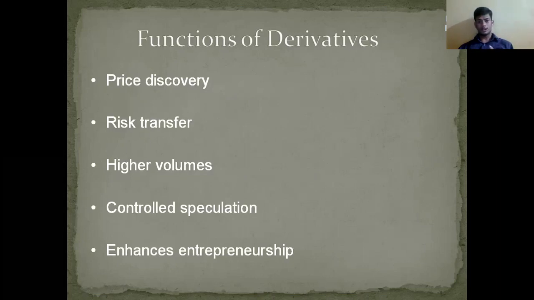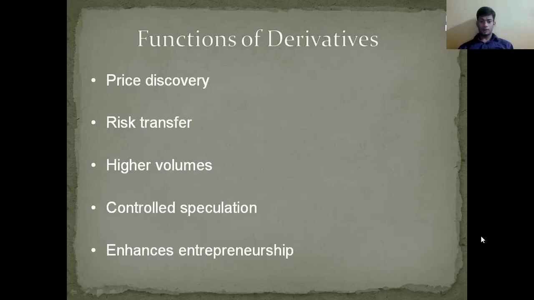Then risk transfer. If the price is discovered, then you know your buyer's buying capability, and then you transfer the risk and easily record it.